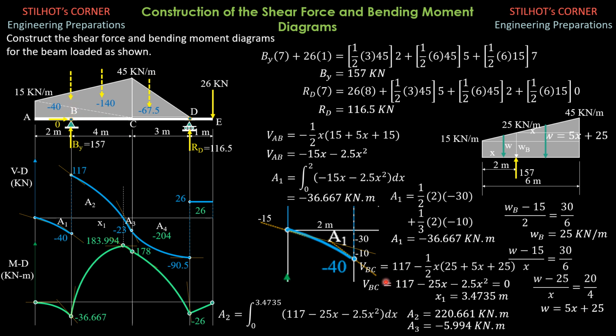So shear in BC is 117 minus the area of the trapezoid, 1 half of x, where x is from B, times WB, which is 25, plus W here, which is 5x plus 25. Simplifying, shear in BC is 117 minus 25x minus 2.5x squared.